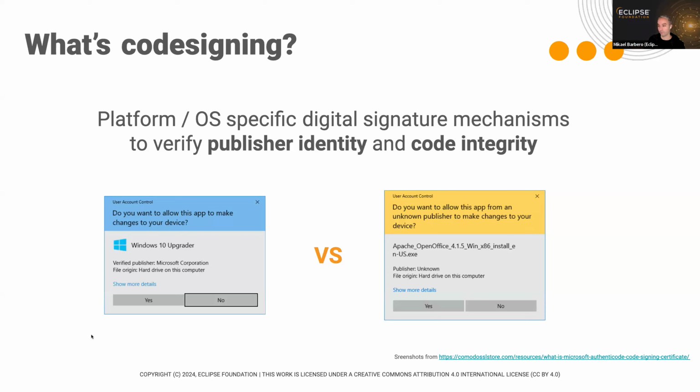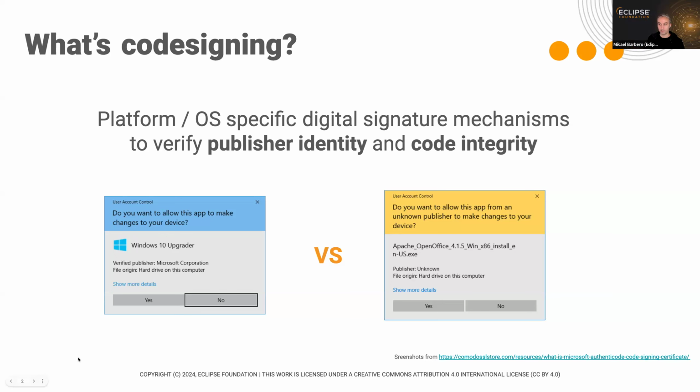So that's what lets Eclipse projects create binaries for Windows that won't have those warnings for UAC, the yellow or red warning with the user account control that says the binary is unknown or from unknown origin.